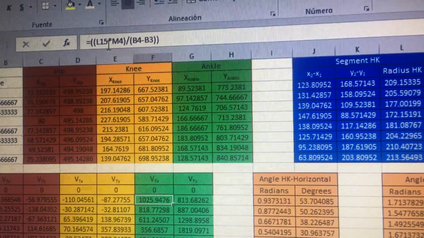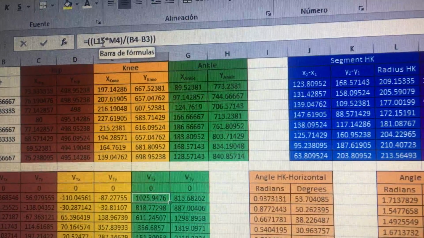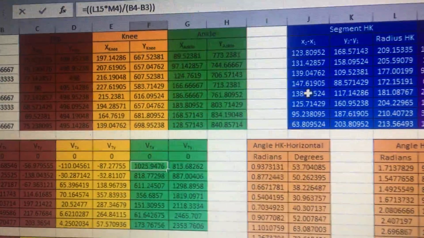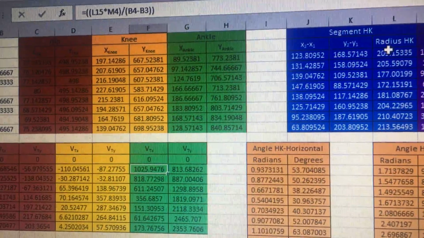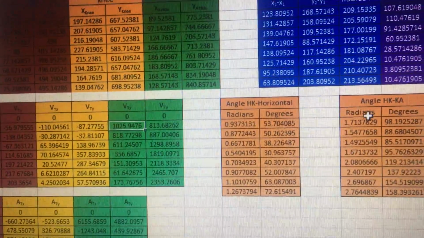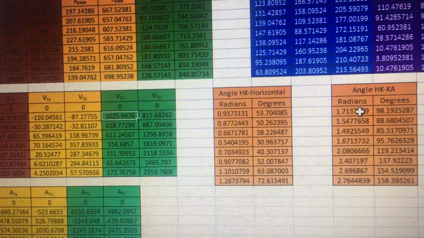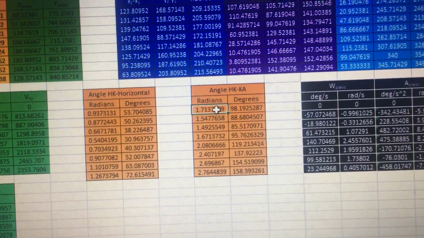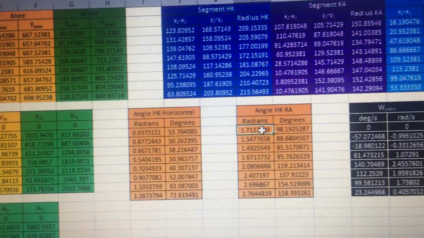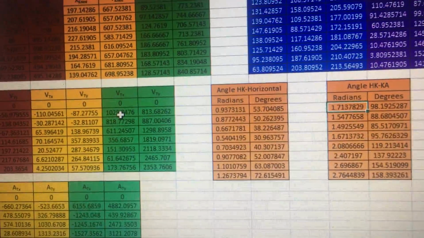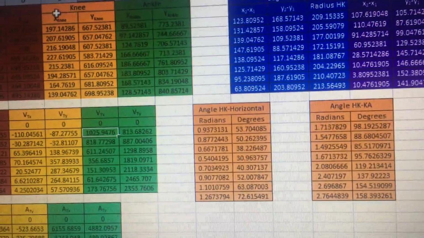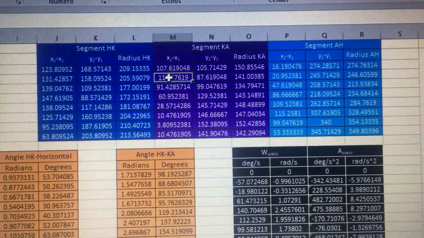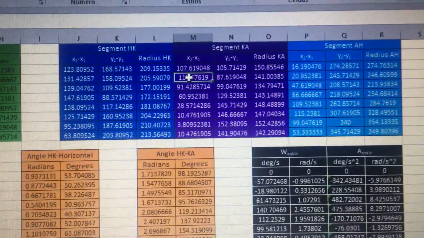The formula we used was the multiplication between the angle times the radius to obtain the arc length.